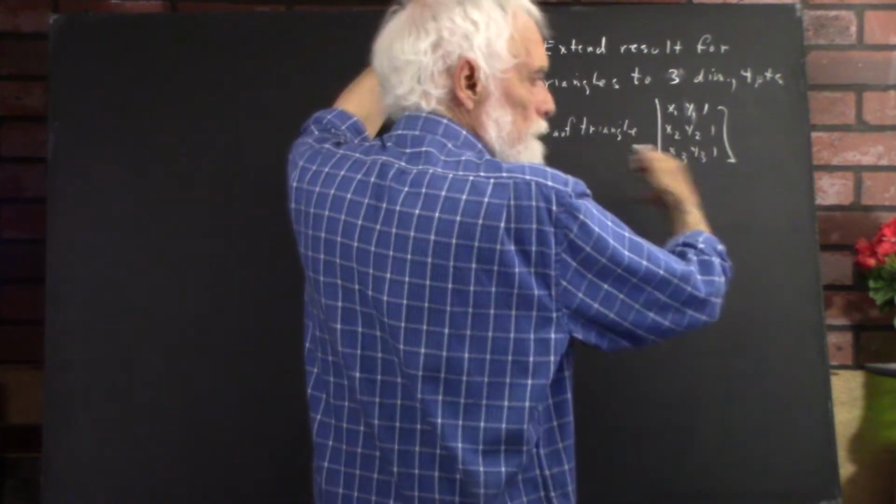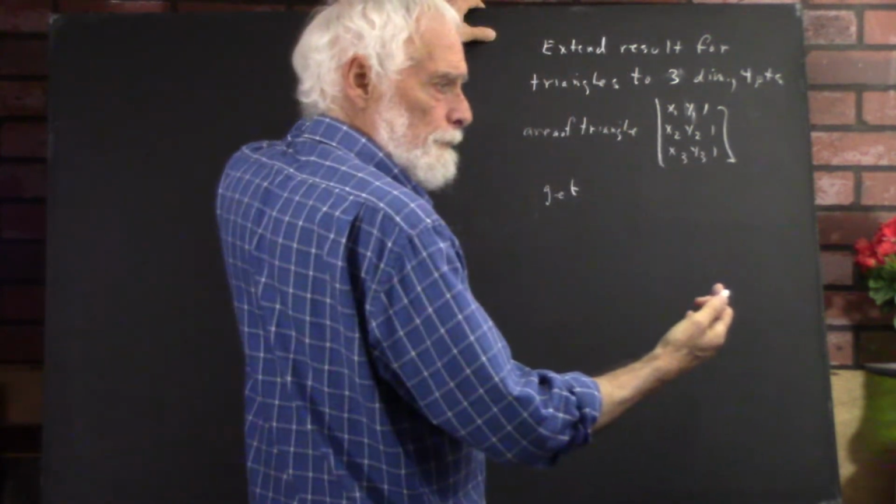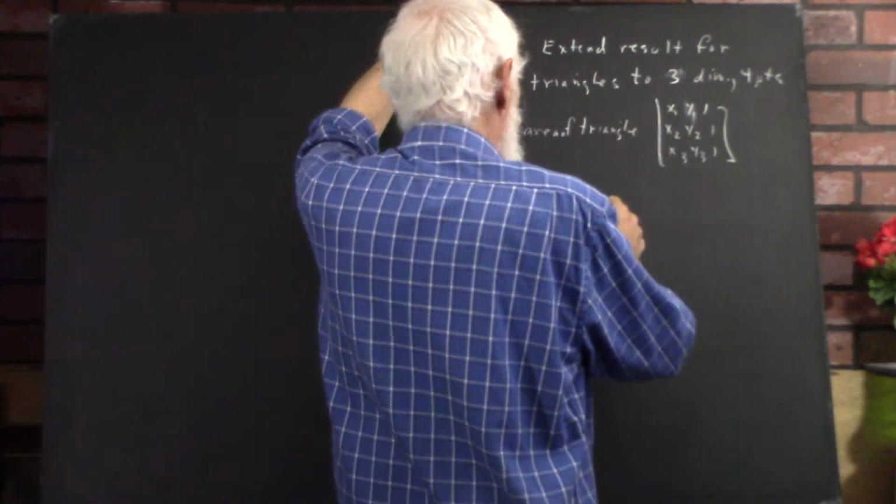We add a coordinate, we add z. And we also add a fourth row.